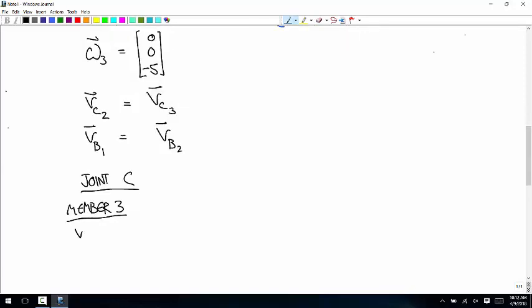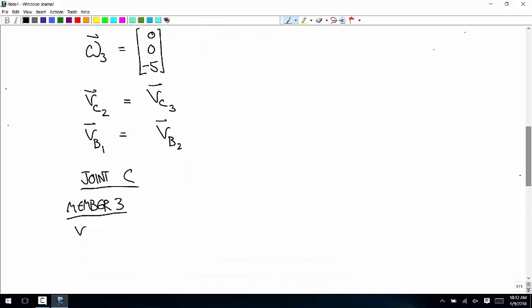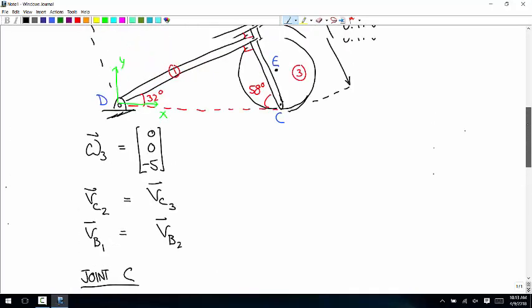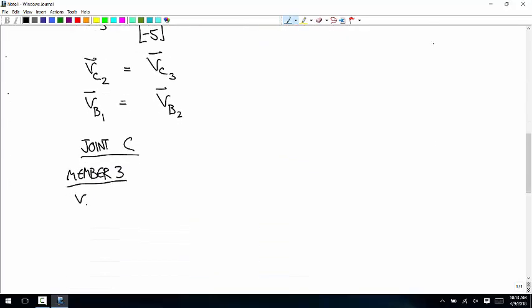So the velocity of that point C, according to member 3, is equal to omega cross r.